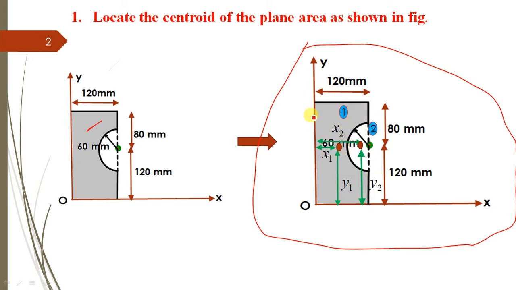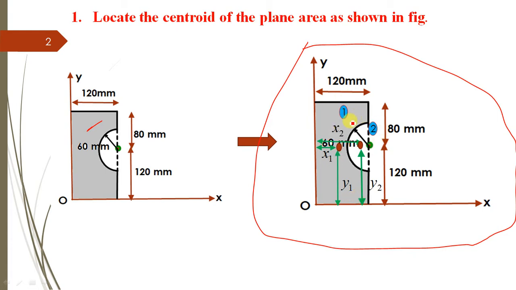The centroid of the total rectangle is given by x1, the distance from the y-axis, and y1, the distance of the centroid of this total rectangle from the x-axis. So what is x1? This is 120, so x1 is 120 divided by 2, that is 60. And y1 is 200 divided by 2, that is 100.